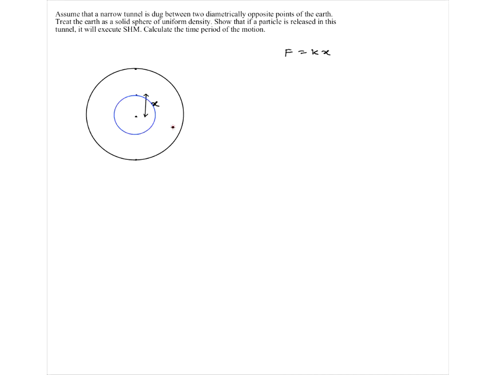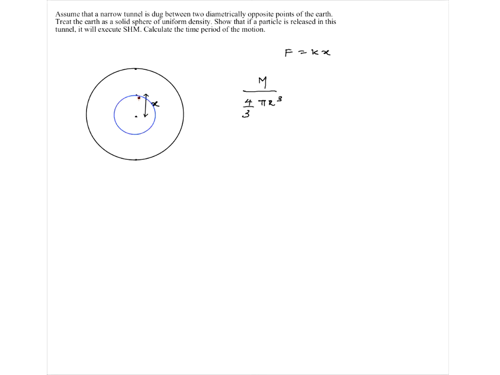Let's say that the mass of the Earth total is capital M. Then how much mass is confined in this volume? Density of Earth would be this much, and density multiplied by this volume would be the mass of our interest.